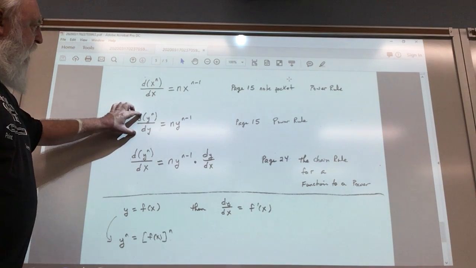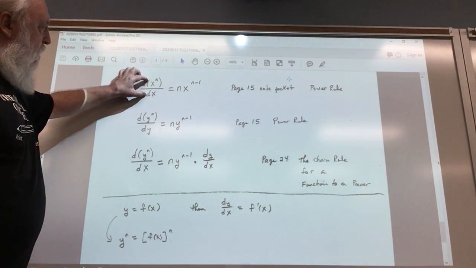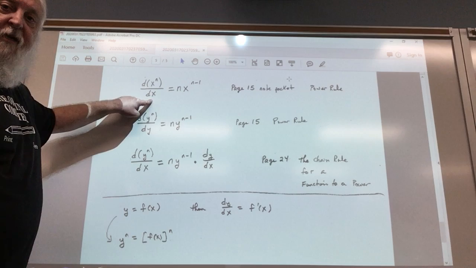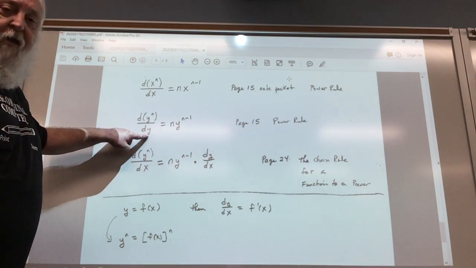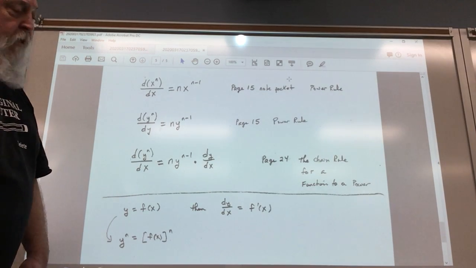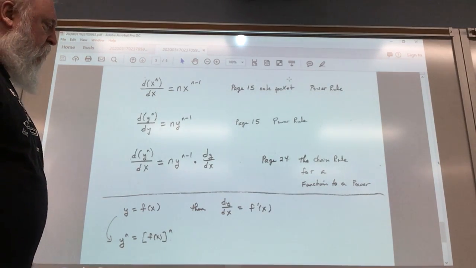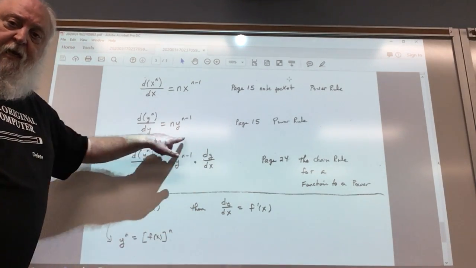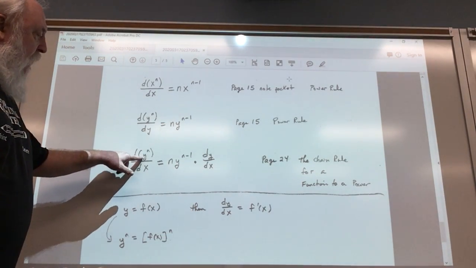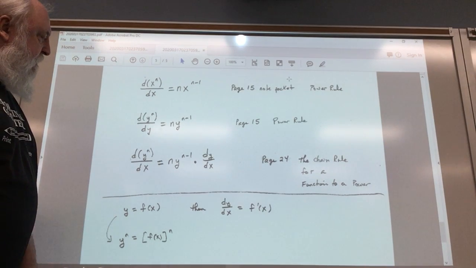The reason for that is up here: the variable in the numerator and denominator are both x, and the variable in the numerator and denominator here are both y, so we get similar results. But down here is what we're interested in: the derivative of y to the n with respect to x.